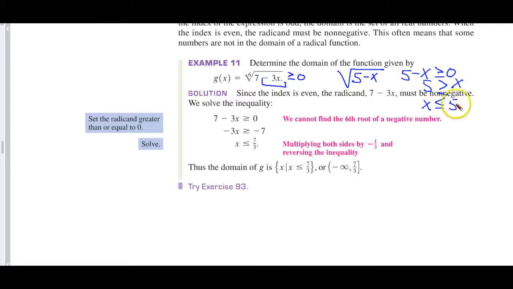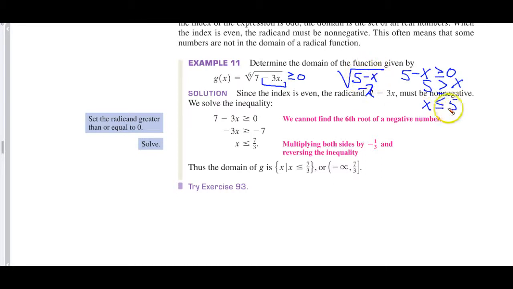So for instance, is 6 good here? If we put a 6 there, 5 minus 6 makes this a negative 1. If x is 7, it makes this a negative 2. And as we get numbers that are larger here than 5, this is negative.